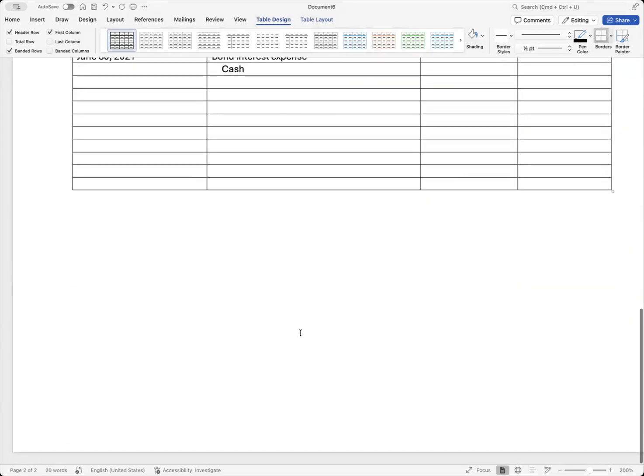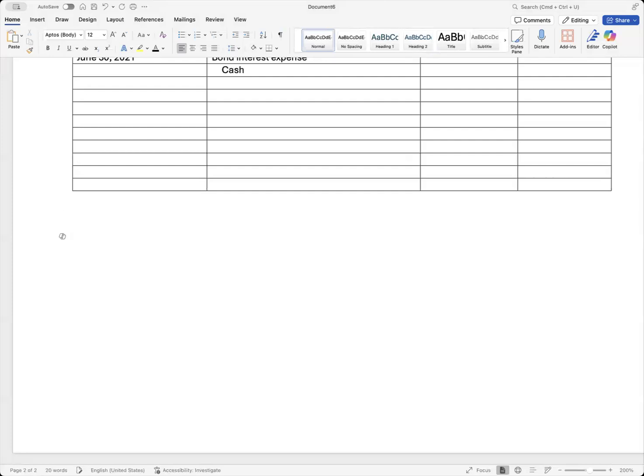Now I have to calculate it. So I'm going to go here. I know that this bond is 3.4 million. Okay. I know that the interest rate is 9% annually. So that's for the full year. So I'm going to multiply the 3.4 million times 9%. And that's going to give me $306,000. But again, this is for 12 months.